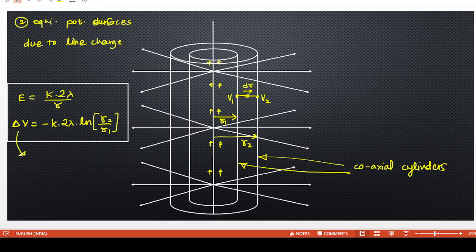Again here, this delta V means final point potential minus initial point potential.